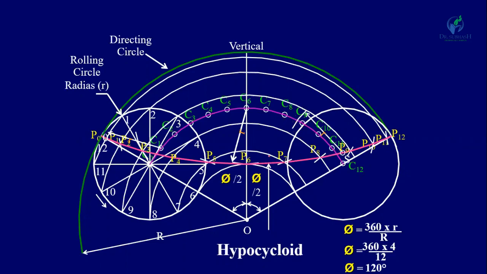Now join this point with O and extend it up to this circle, and this point is N. Now join this N with S, so it is a normal, and another line perpendicular to this normal is known as a tangent.